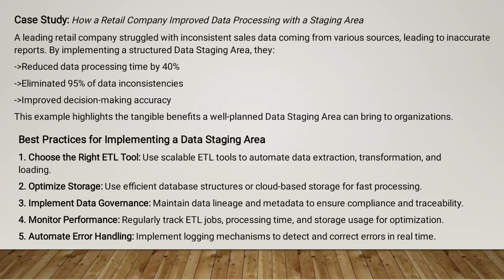This shows how a well designed staging area can streamline data handling and boost business performance. This example highlights the tangible benefits a well planned data staging area can bring to organizations.